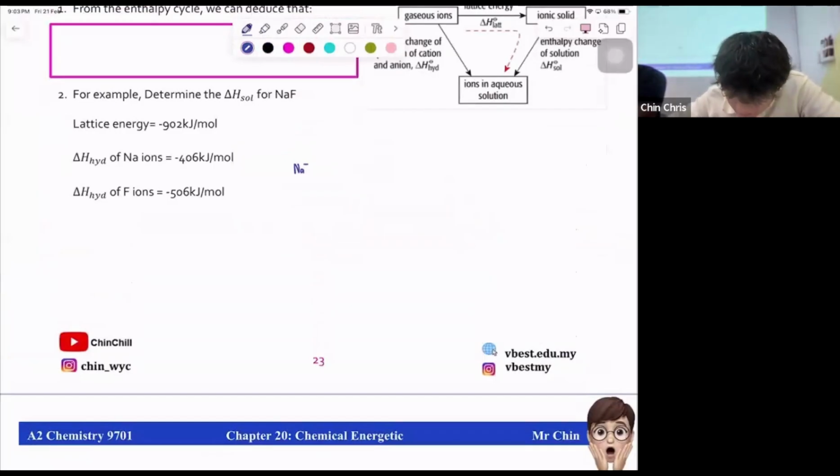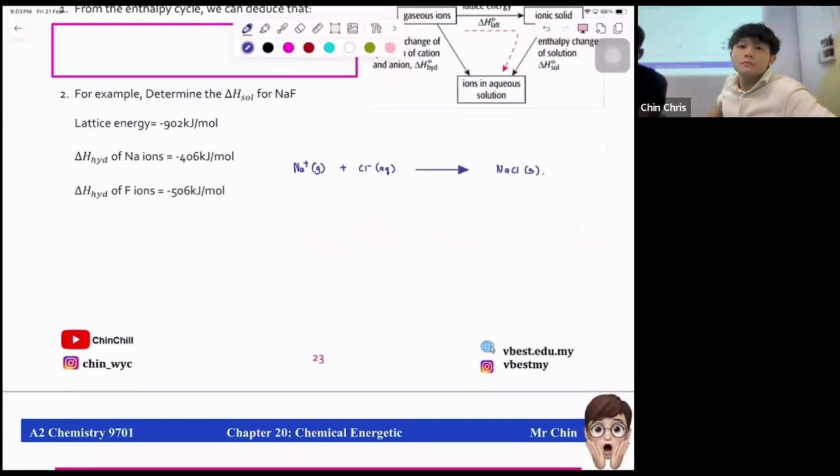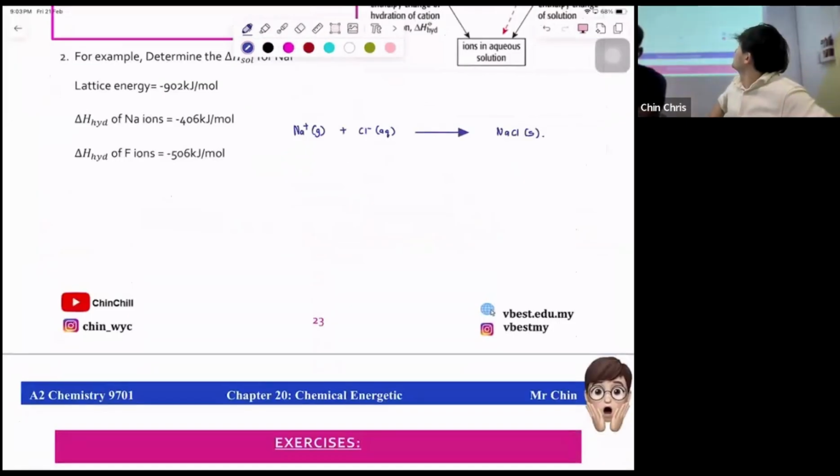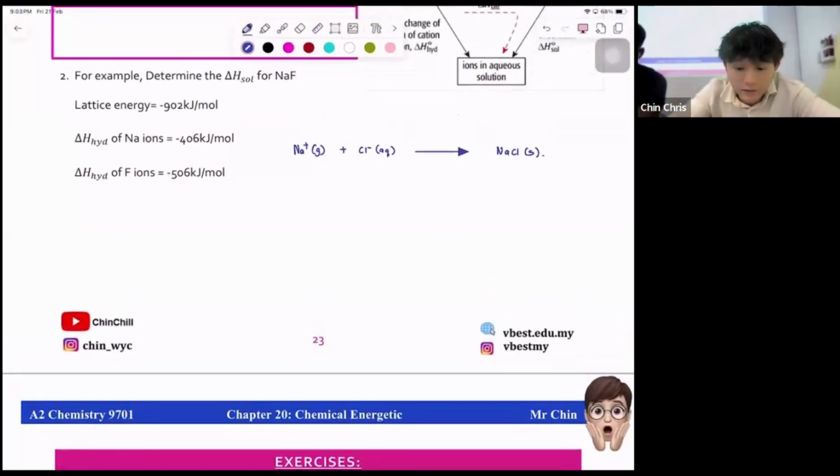Can anyone tell me what this energy is? Gaseous ions turn into a solid. It's the lattice energy, right?